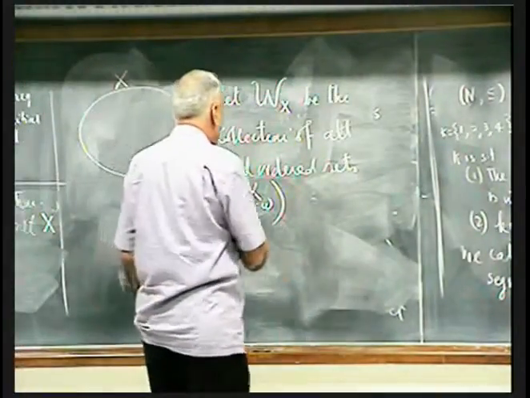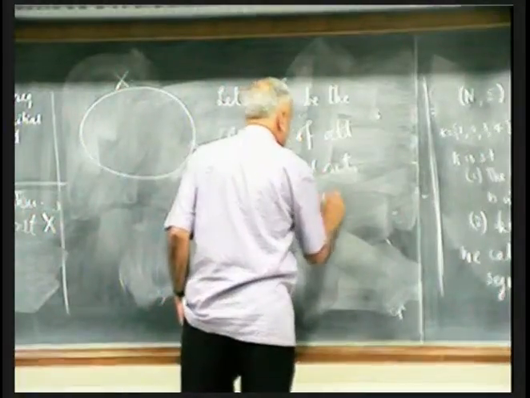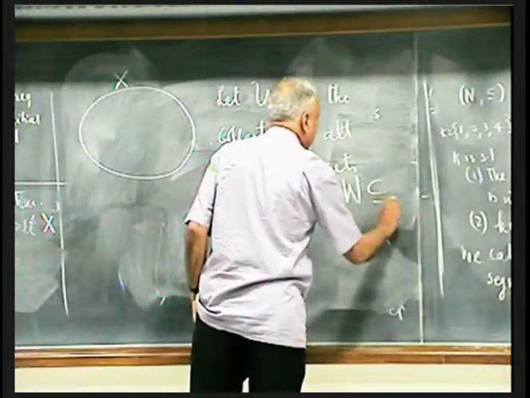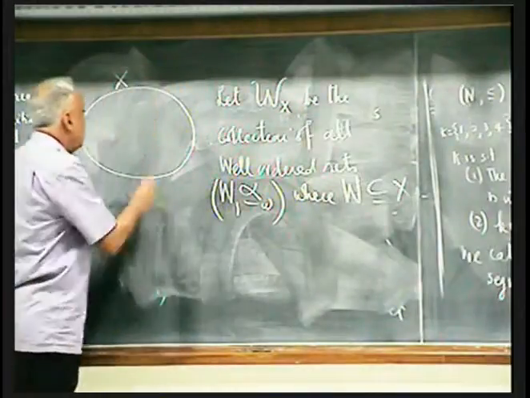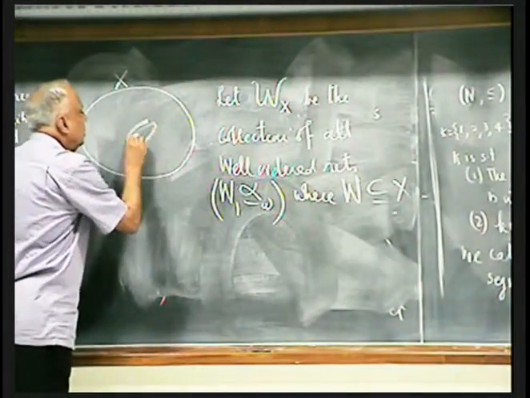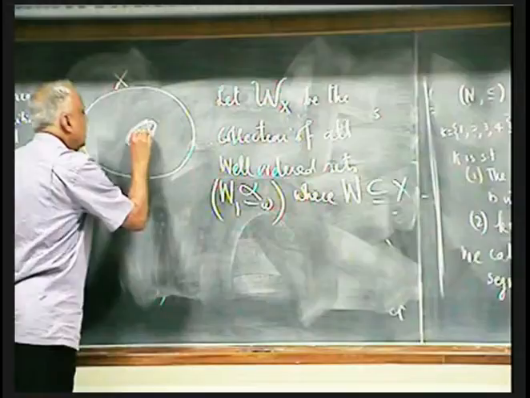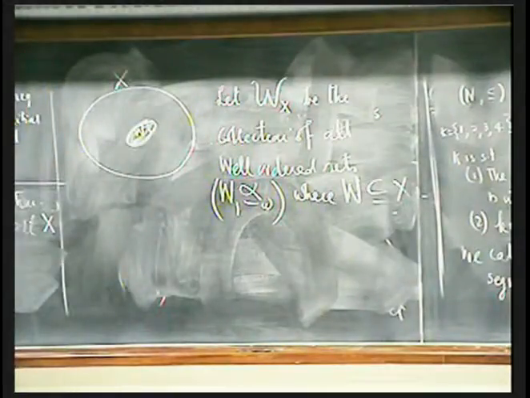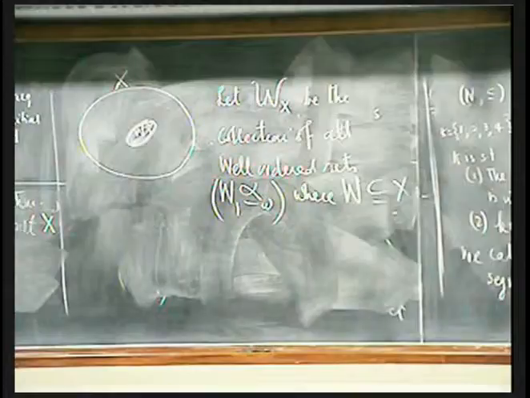So I am looking at patches inside and the possible well orderings that exist for that W. I know at least one patch, namely a singleton set.